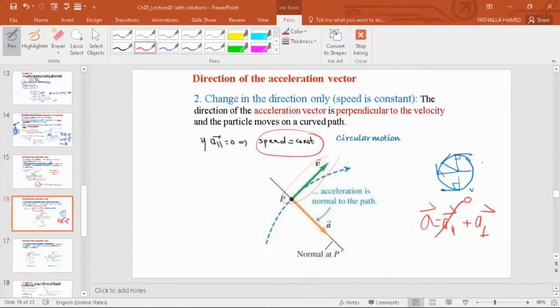So it is right to say that you can go around a circle with constant speed, and that's what they call uniform circular motion. But it is wrong to say that you can go around a circle with constant velocity, because if you want to go around the circle, you're forced to change the direction of your velocity. Is this clear?